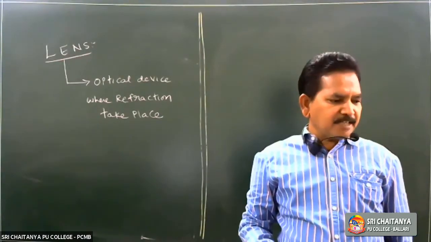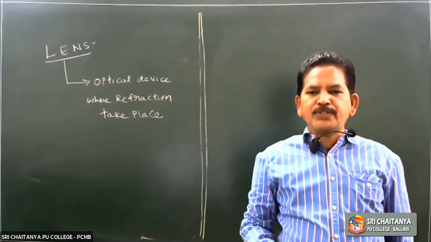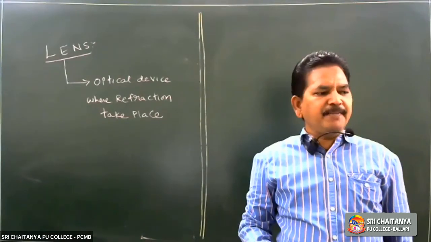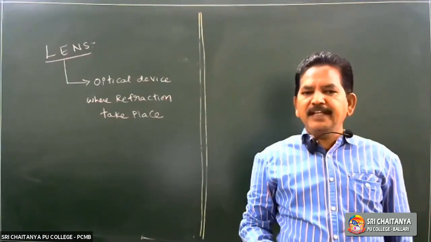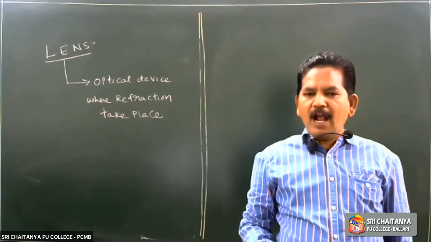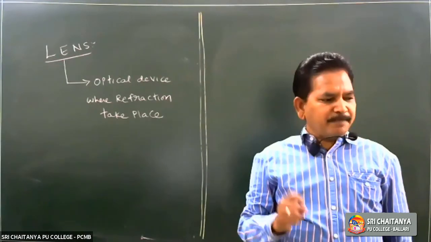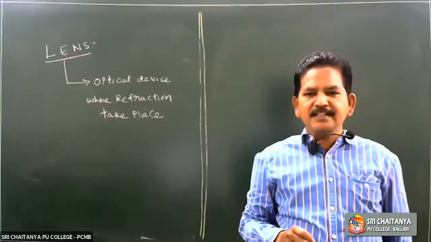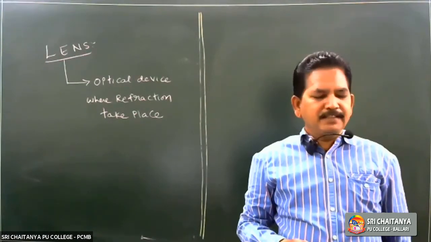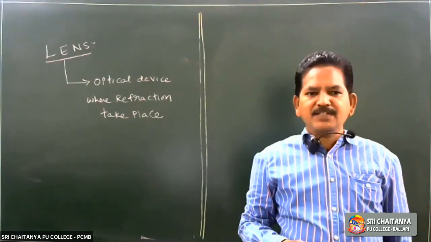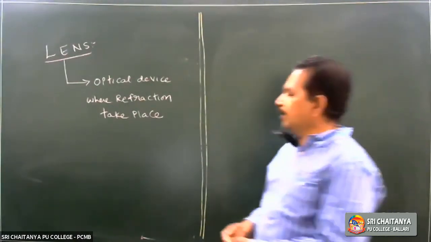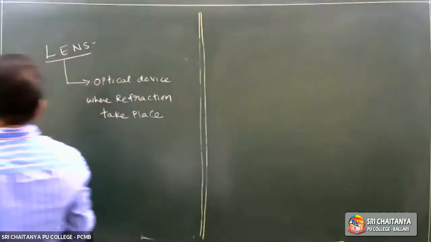Transparent means what? Which allows the light to pass through it. A transparent medium which is bounded in between the two refracting surfaces, out of which one must be the spherical surface, the second one may be spherical or maybe a flat surface, is called the lens.